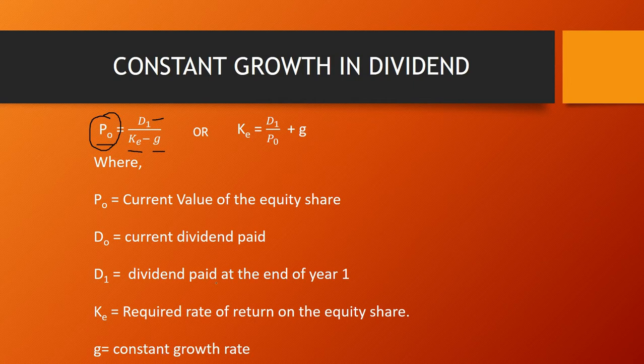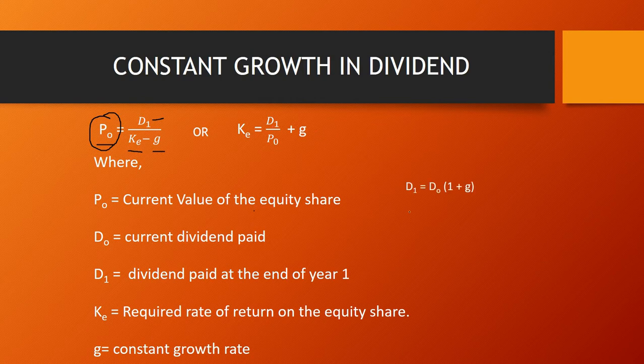Now suppose in the question D1 is not given. So how to calculate it? What we have learned in the previous slide is that next year's dividend is calculated as current year dividend plus current year dividend multiplied by growth rate.